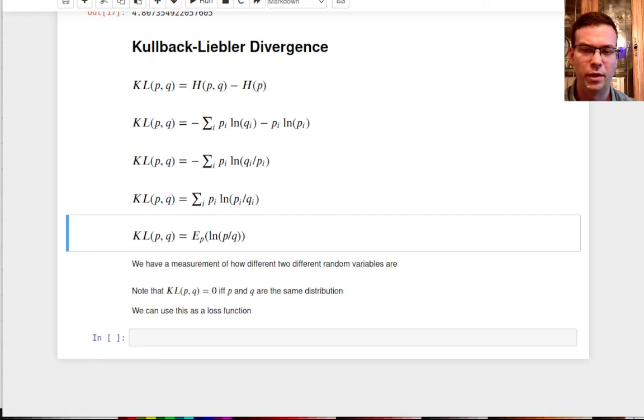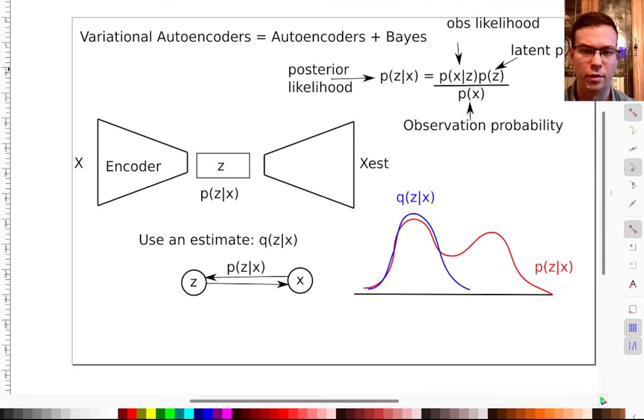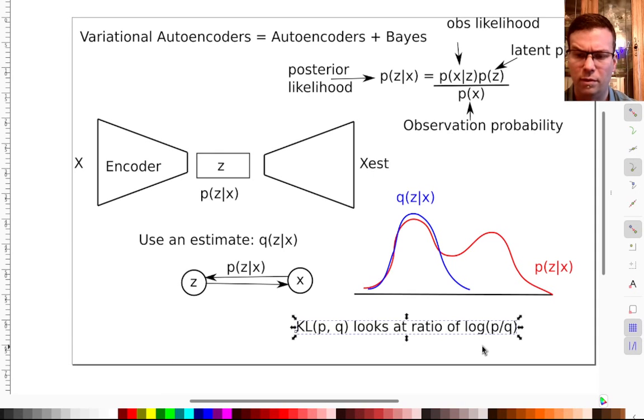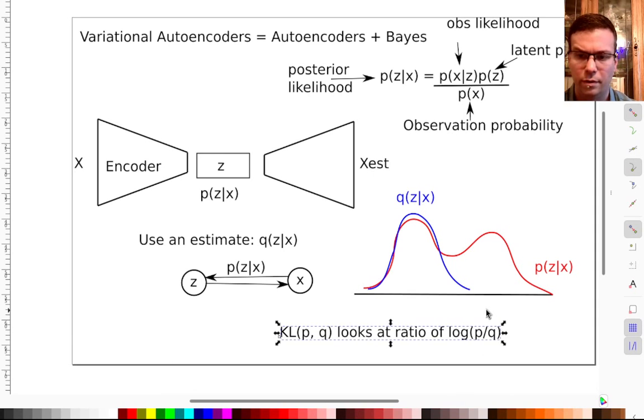So we're looking at the ratio P over Q here. I'll just write it here so I don't have to keep going back and forth. KL of P, Q looks at the log of the ratio P over Q. And so when that ratio is large, I'm going to get a large penalty.